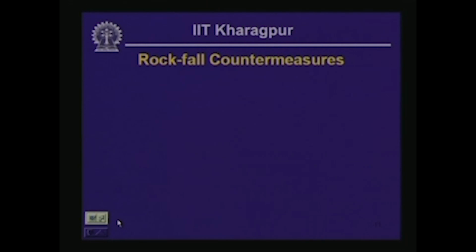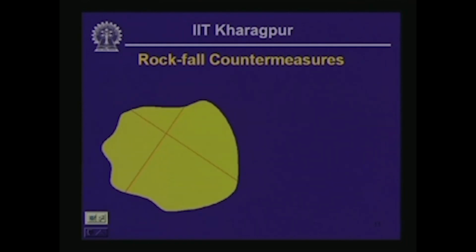Okay. Now, rockfall countermeasures we discussed very briefly in the previous slide. So, let us say we have got a rock mass with two joint sets like that, and we are going to construct a circular tunnel of that fashion.